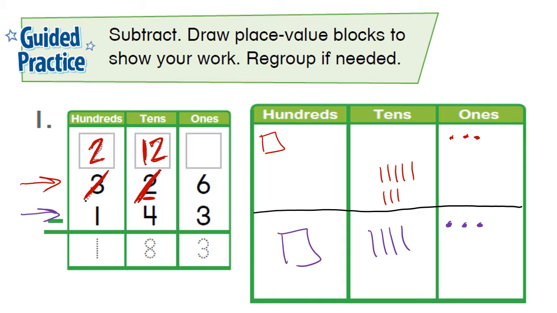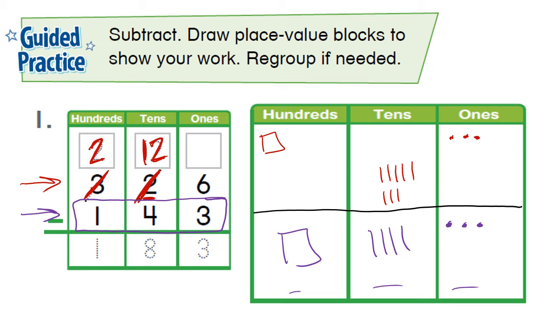Well, the bottom half of our chart should be the subtrahend, or 143, the smaller number, the number that we are subtracting. And we have 143.